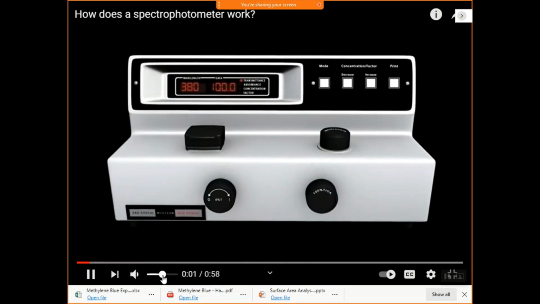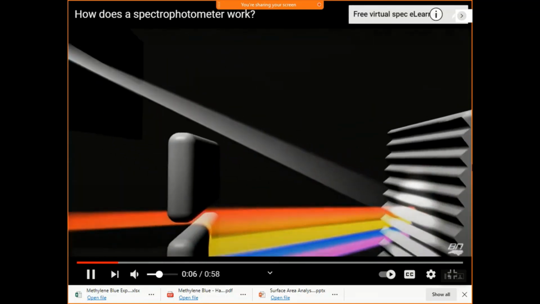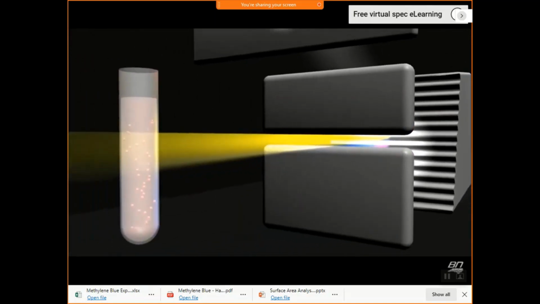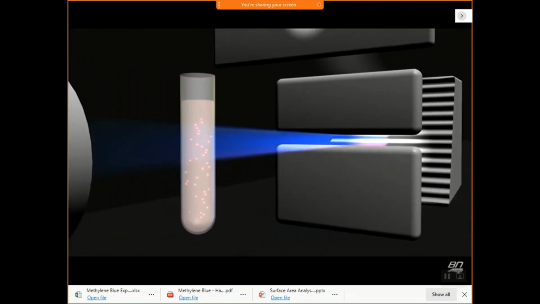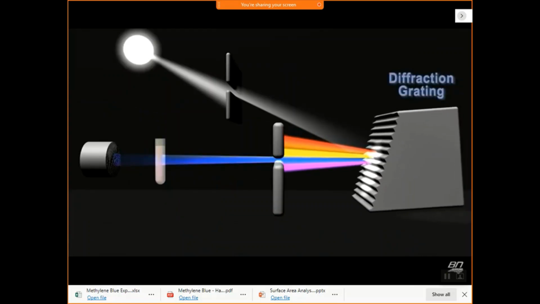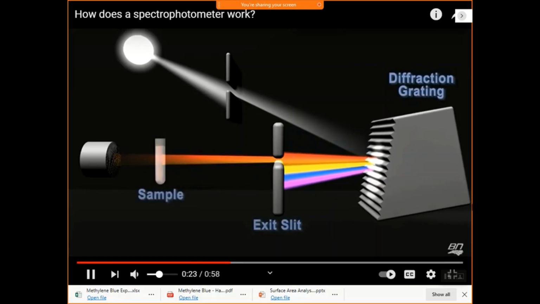Here's how a spectrophotometer works. A lamp provides the source of light. The beam of light strikes the diffraction grating, which works like a prism, and separates the light into its component wavelengths. The grating is rotated so that only a specific wavelength of light reaches the exit slit. Then the light interacts with the sample.